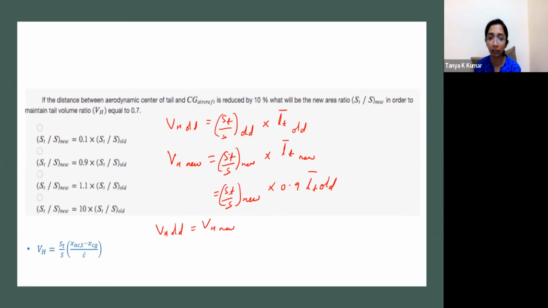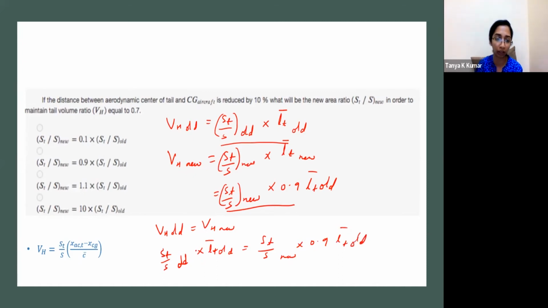So when we equate these two, this term and this term, what do we find? How is the relationship between both of them? VH old is ST upon S old into LT bar old is equal to ST upon S new into 0.9 LT old.